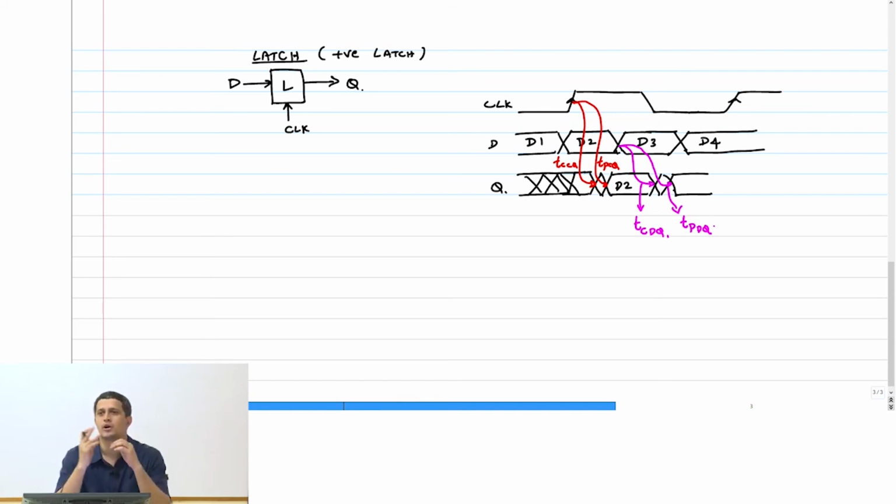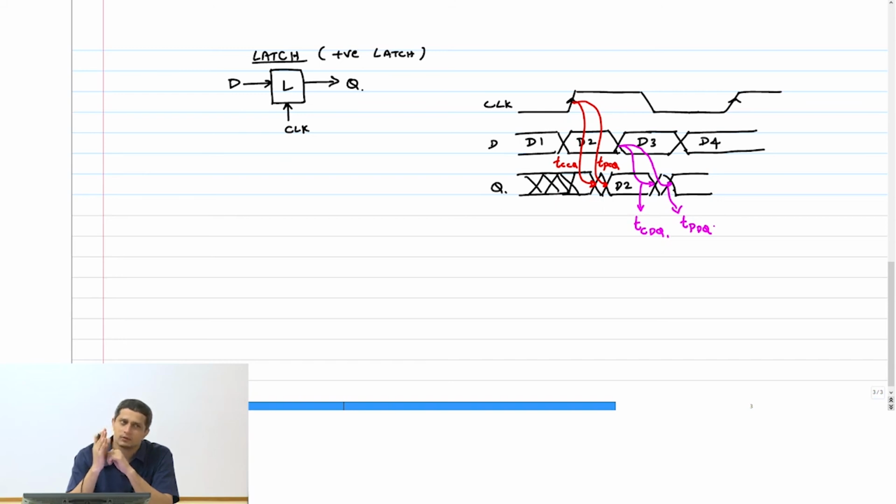Now where is the setup and hold time for the latch? For a positive latch, what is the sampling edge? Okay, what does sampling mean in terms of transparent and opaque for a flop also?